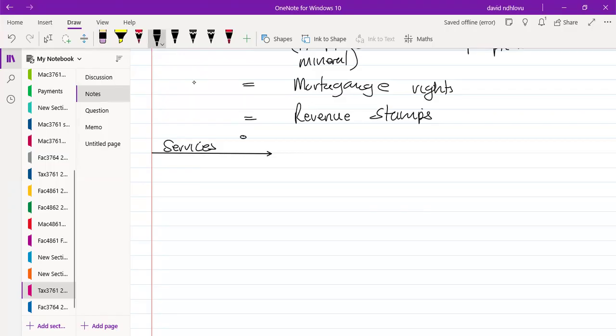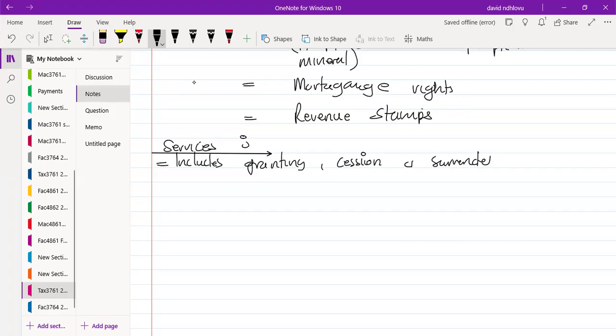So the official definition of that, it says includes granting or cession, I'm just giving you the formal definition. If you go to the Act: granting, cession, or surrender, of any real rights, or making available an advantage to another.